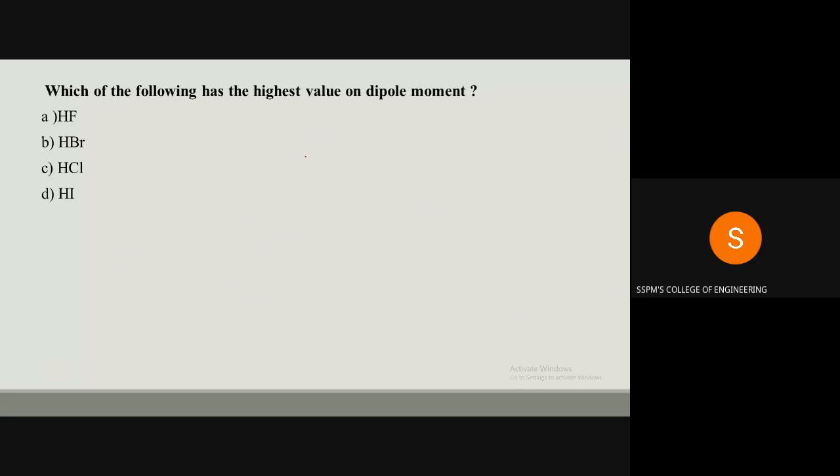Which of the following has the highest value of dipole moment? Dipole means two poles are formed. These two poles are generated when there is a formation of any compound.